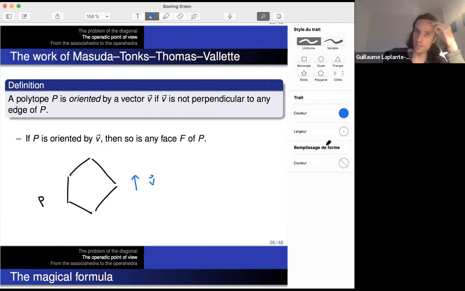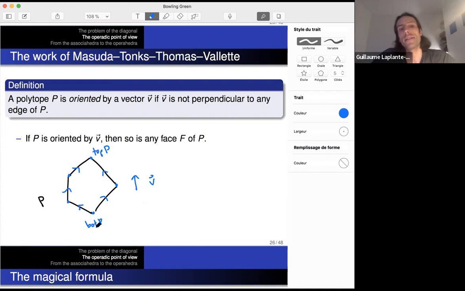And as soon as P is oriented by V, you actually get a minimal vertex of P, in the sense that the scalar product with V is minimized. And you also always get a maximal vertex, and you get an orientation on the one-skeleton of your polytope. So this is an oriented polytope.